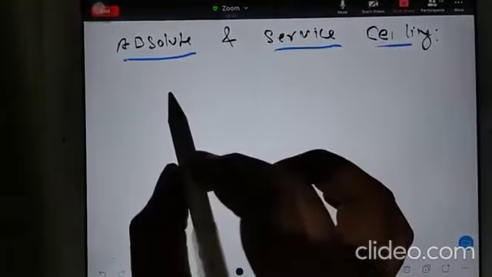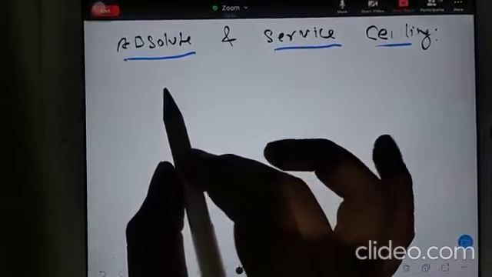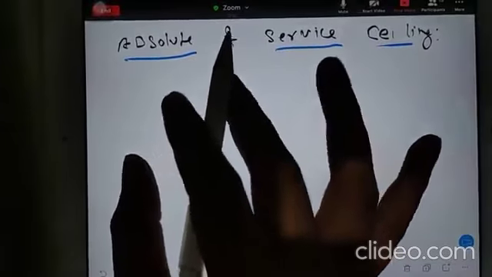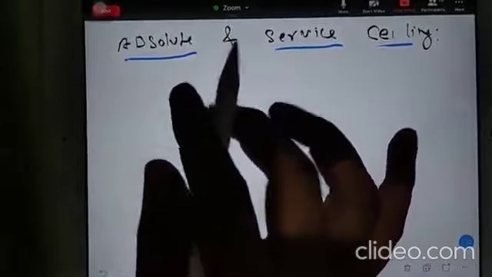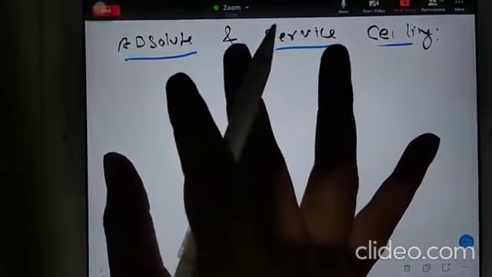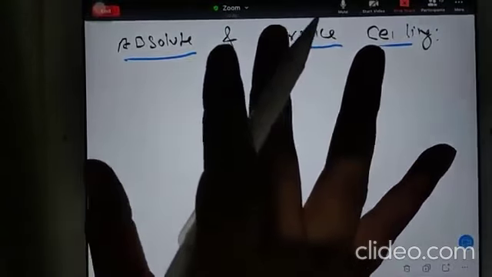So see, what is absolute ceiling? Absolute ceiling is the altitude at which maximum rate of climb is 0.